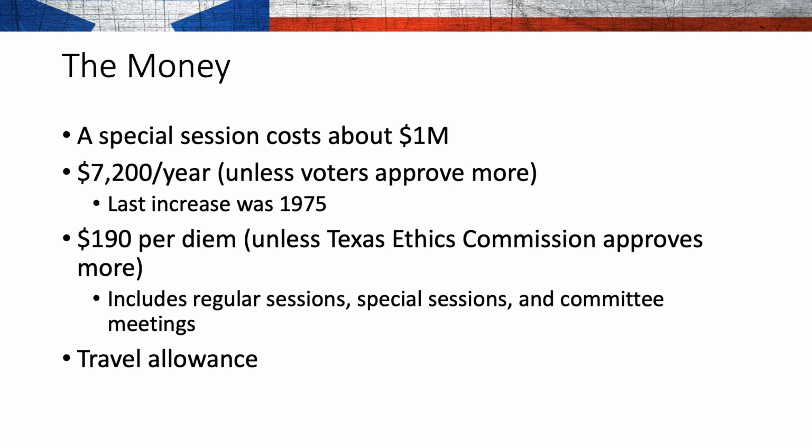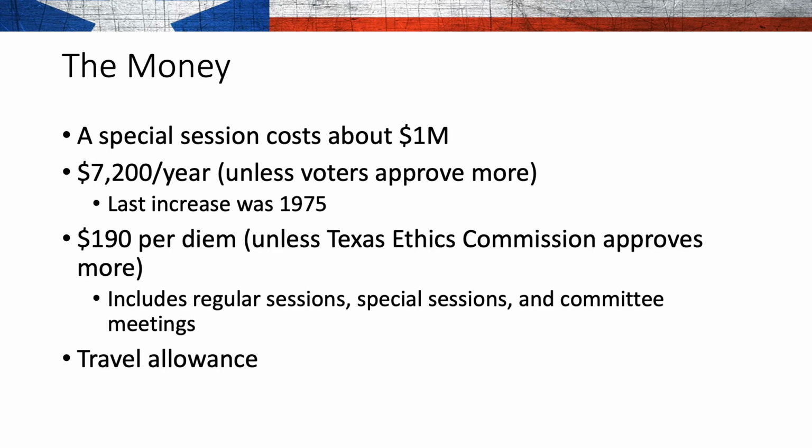The Texas Constitution requires that the budget be balanced, and so a budget can't be passed with a deficit at the end of the budget. And so if you're going to call a special session, it has to be for something good because it's expensive.